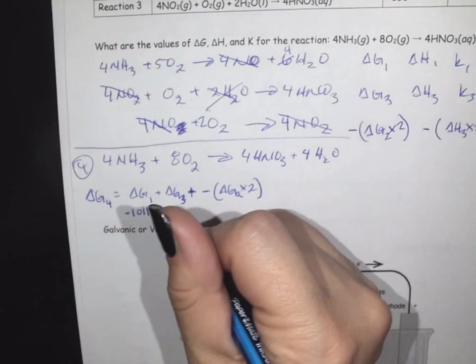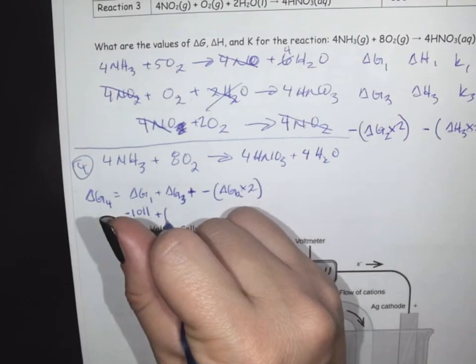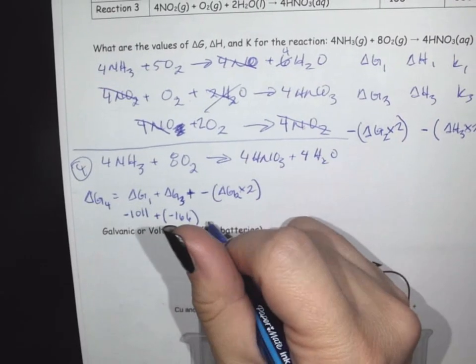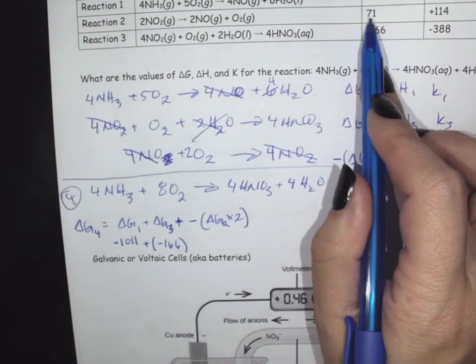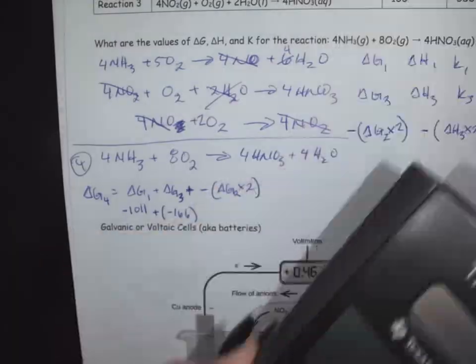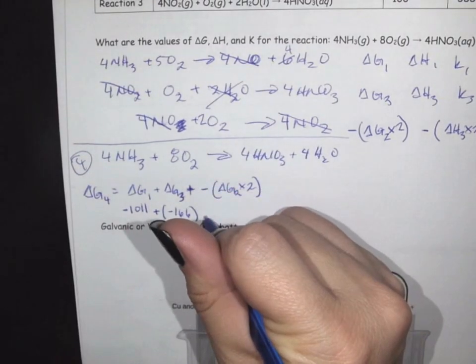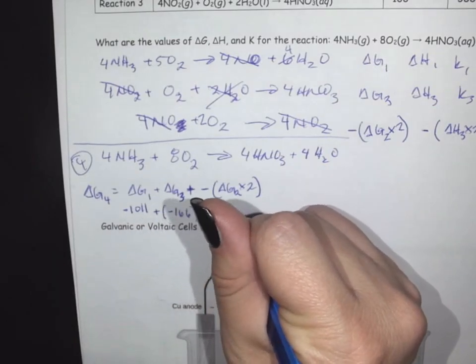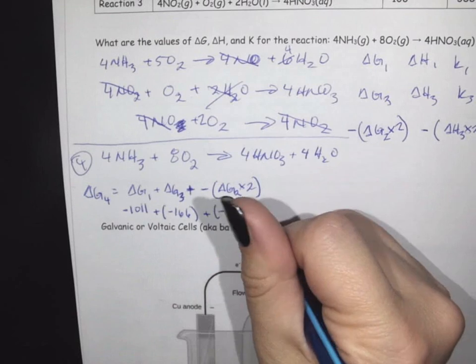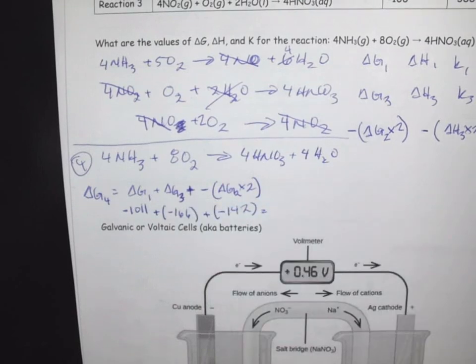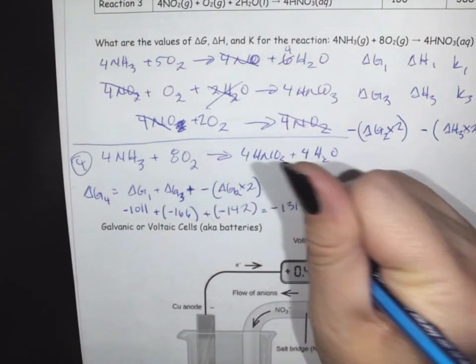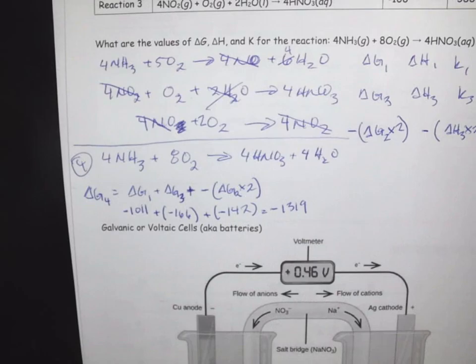And then the third reaction, so plus negative 166. And then this was 71. And so we'll double it because we doubled the reaction. But then it's a positive and we're going to make it a negative. So it'll be plus the negative 142. And so that would mean delta G would be negative 1011 minus 166 minus 142, negative 1319. Okay, nice. So there's our delta G.